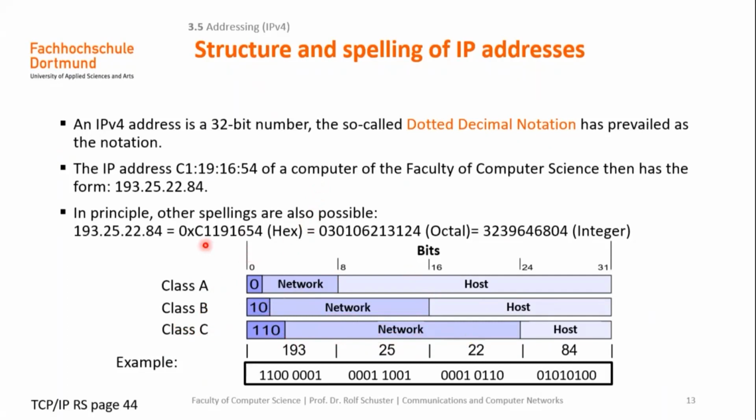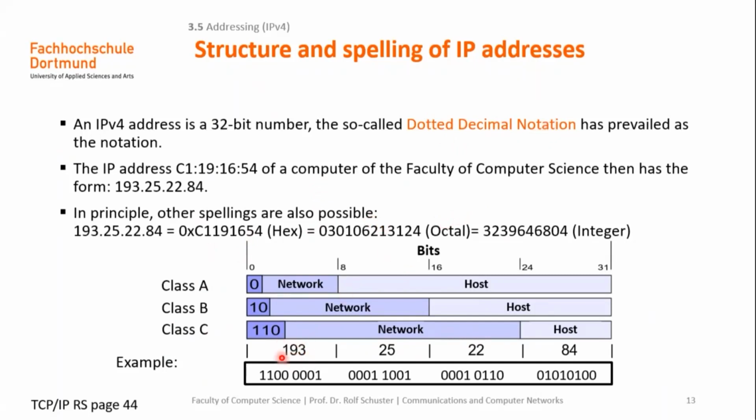We typically use different notations, but the most used notation in IP version 4 is the dotted decimal notation.